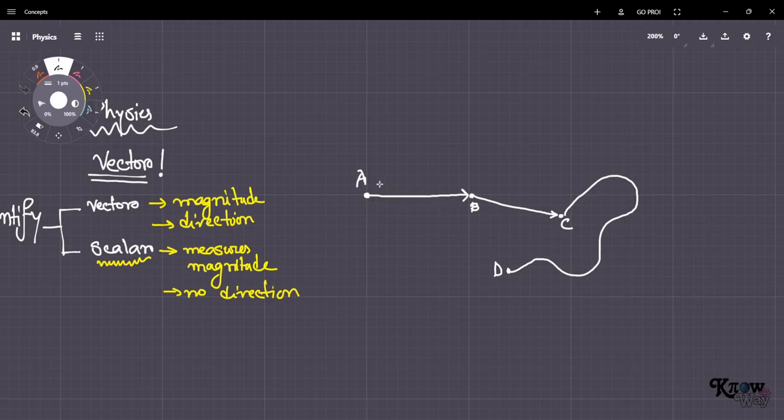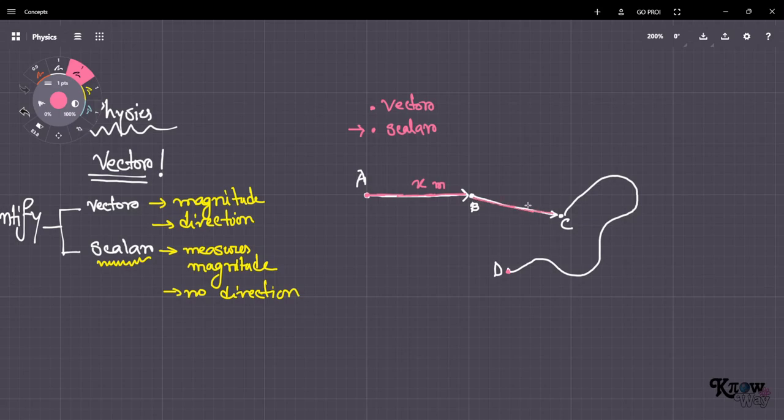Now, we will quantify our walking, or our journey, in two ways. The first quantification can be done using a vector, and the second using a scalar. So let's go with the scalar first. You can ask me on our way to D, so how far are we from A? What distance did we cross to come all the way to D? And I would answer, from A to B it took us X meters.